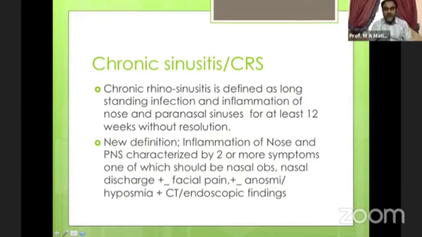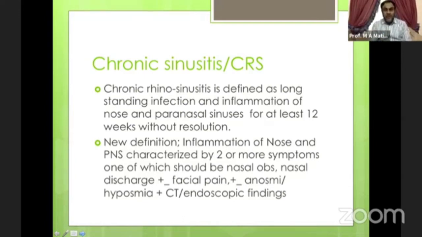Chronic sinusitis, or CRS, we are now saying chronic rhinosinusitis, CRS. Chronic sinusitis is defined as long-standing infection or inflammation of the nose and paranasal sinuses for at least 12 weeks. That is your definition for undergraduate, the upper one. And the lower one is for postgraduate.